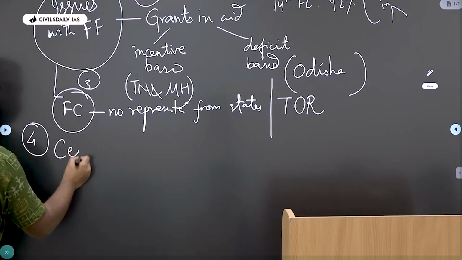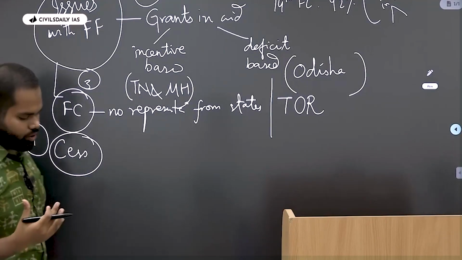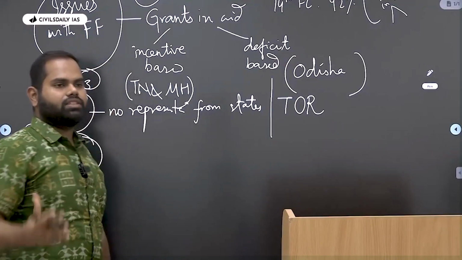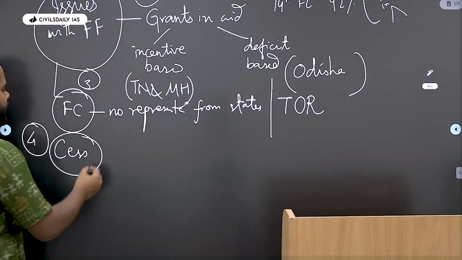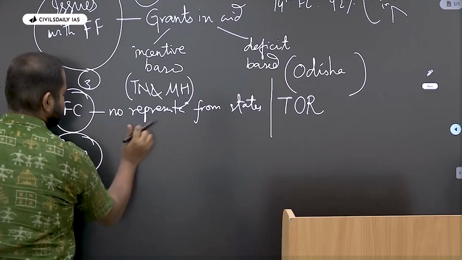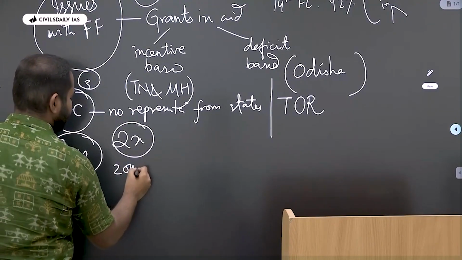The cess that we have, if you see this percentage of cess as a percentage of the center's entire taxation, has almost doubled as compared to what it was in 2011-12.